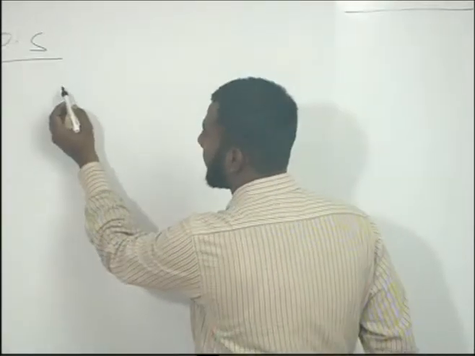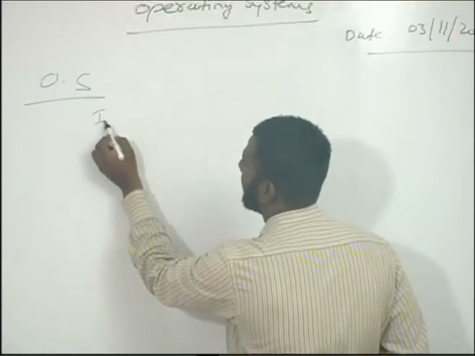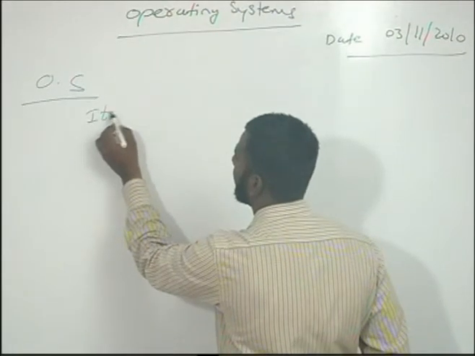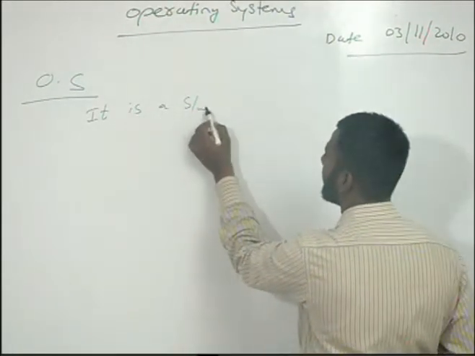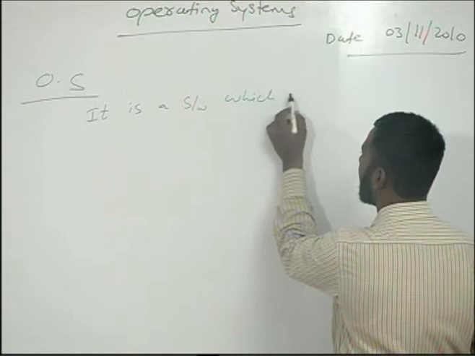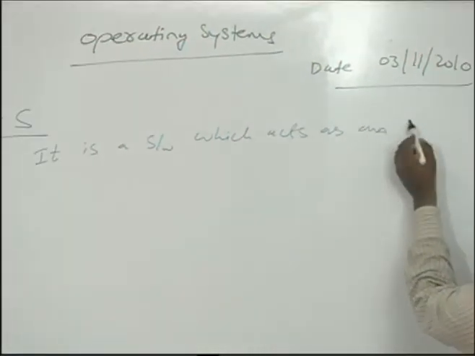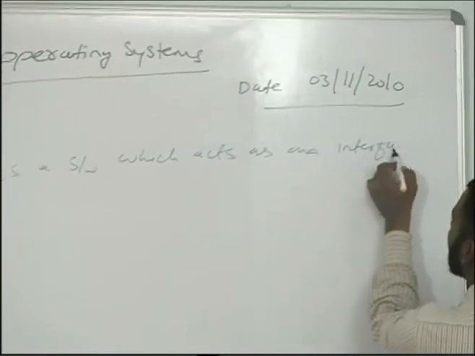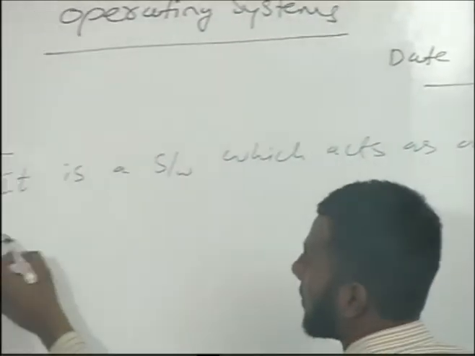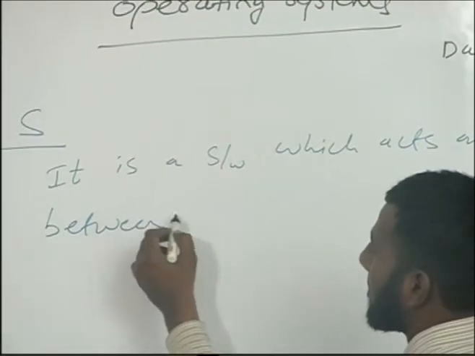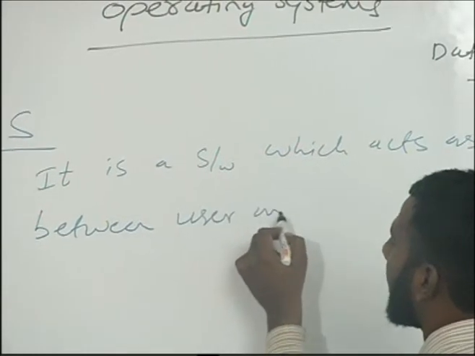So an operating system is nothing but a system software which acts as an interface between user and machine.